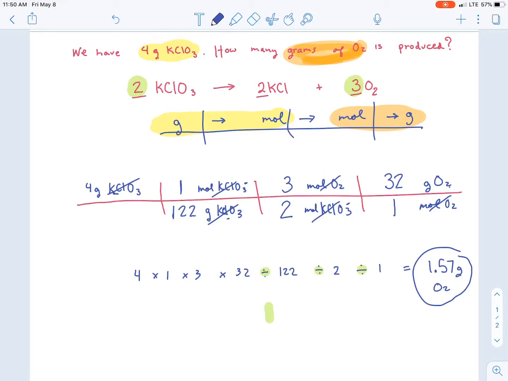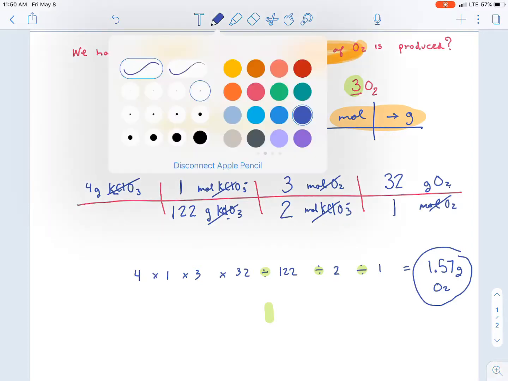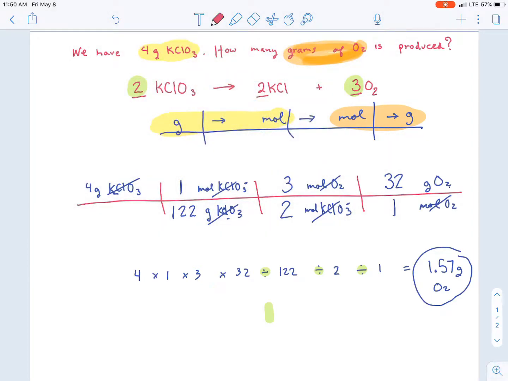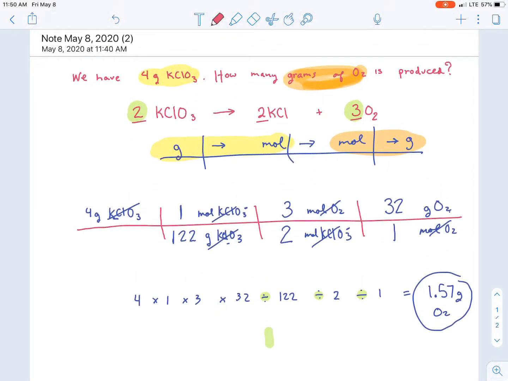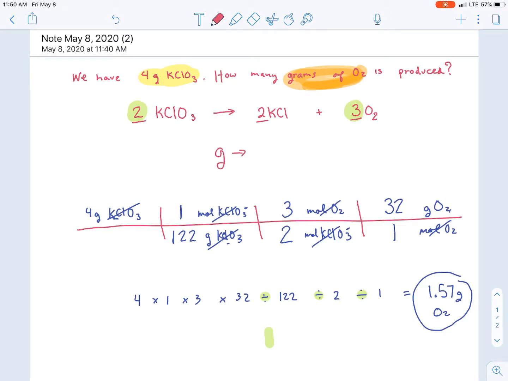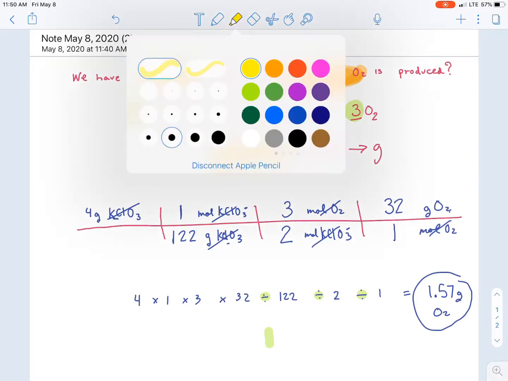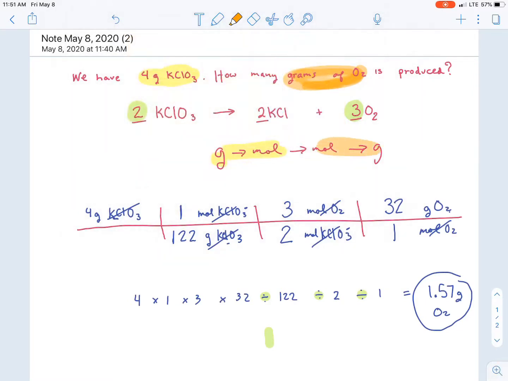If it starts with moles, they try to throw you a little curveball, and they want to start with moles. Let me erase my thing here. Right? So we have our pattern. Our pattern is grams to moles to moles to grams, remember. And those first 2 were the given. Those last 2 were the unknown.